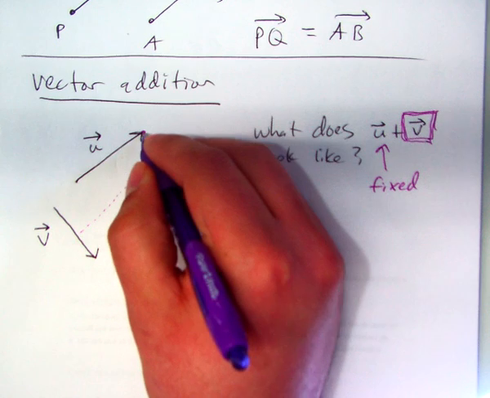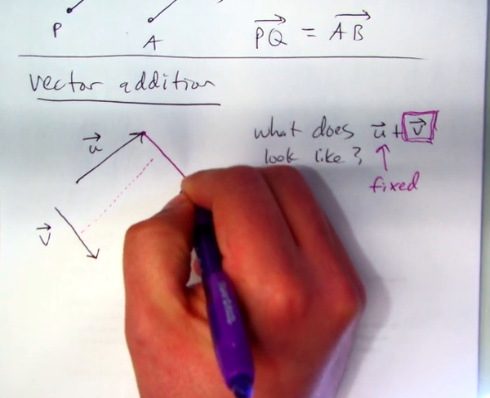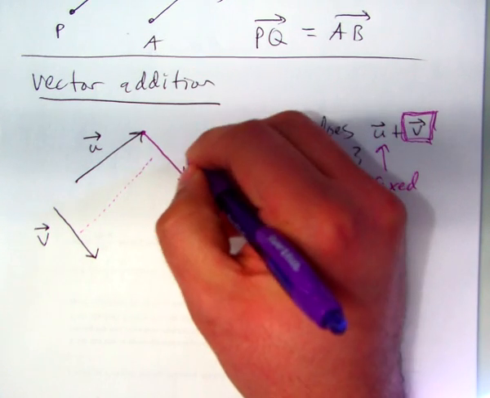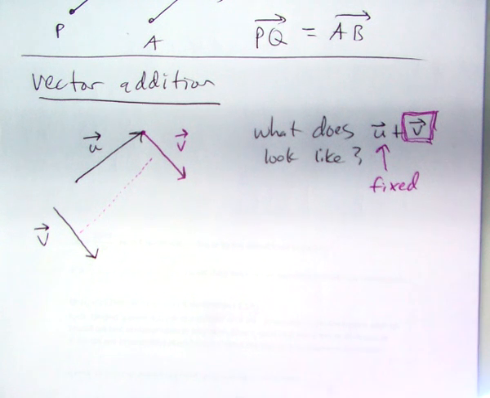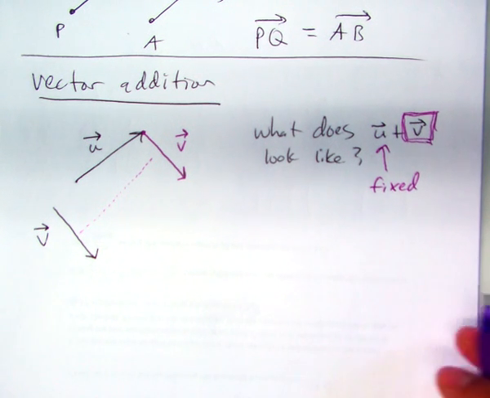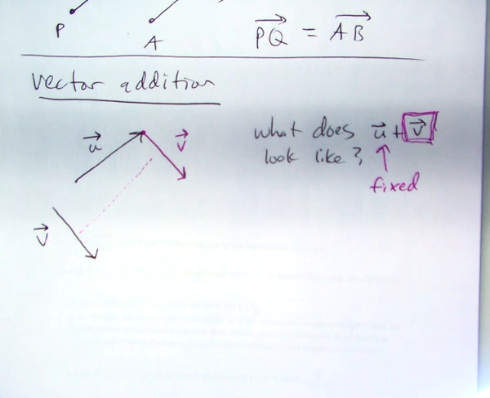Sound familiar? And then just make another copy of V, which we can do because as long as it's the same direction and same length, it's the same vector. Okay, so does everybody kind of see what I've done there? We've taken the second vector, and then all we've done is connected it to the end of the first one.